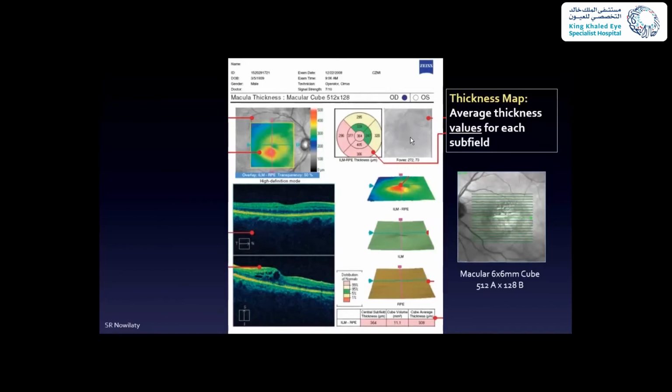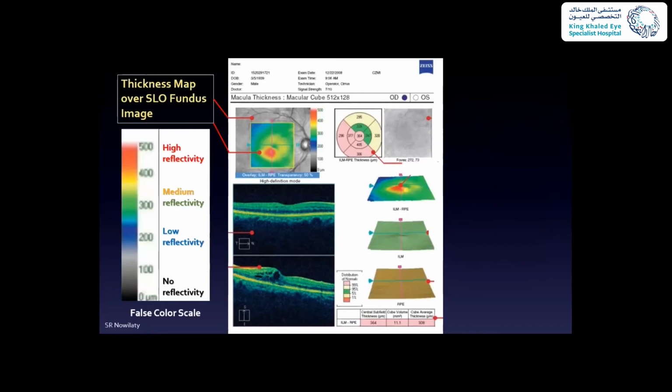You cannot generate the data like this if you just do a line scan. Remember, we talked about performing line scans first, vertical and horizontal, and then performing volume scans. This volume scan generates a computer-generated image of the surface of the retina in which you have the values for each subfield, which is what we talked about before the break, in values of thickness in this case.